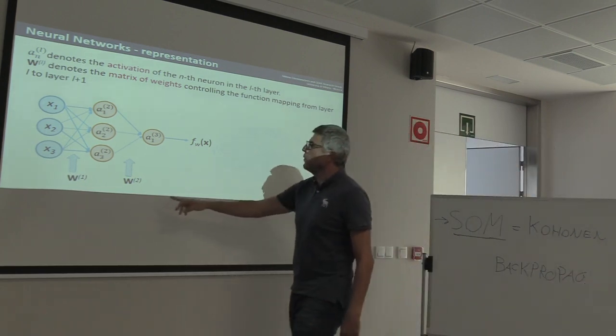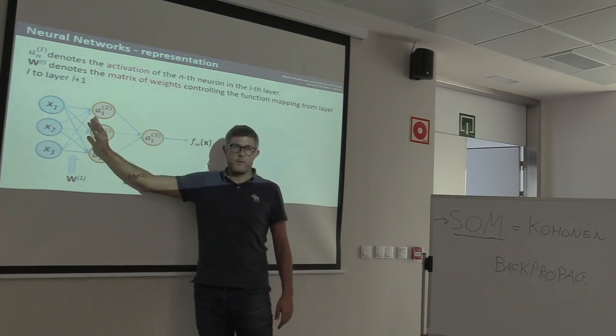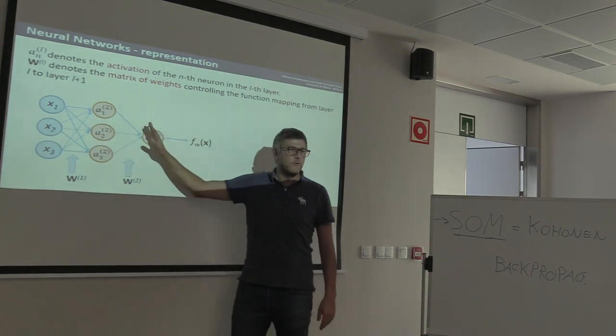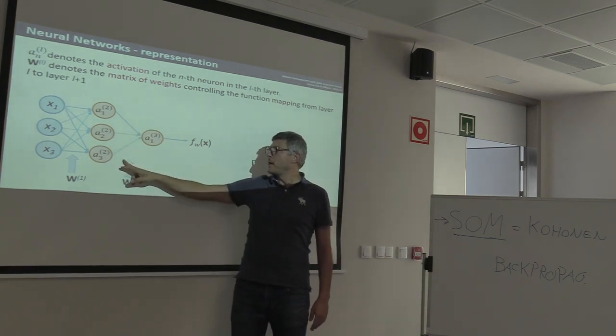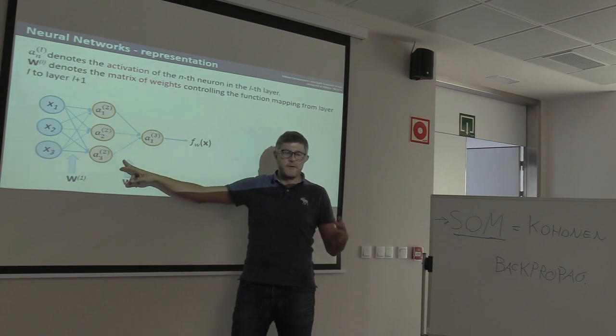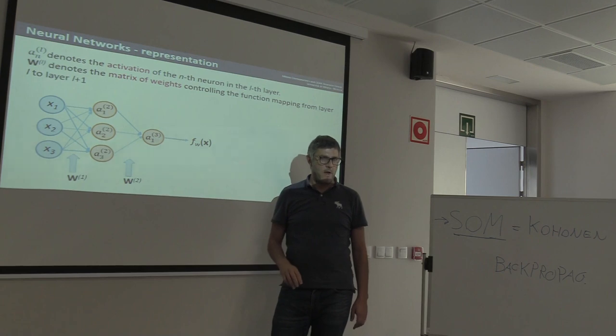And here we will also need some weights to control how the information goes from the hidden layer to the output layer. Okay? How many weights will we have here? Three. 3. How many here? 9. 9. Okay?